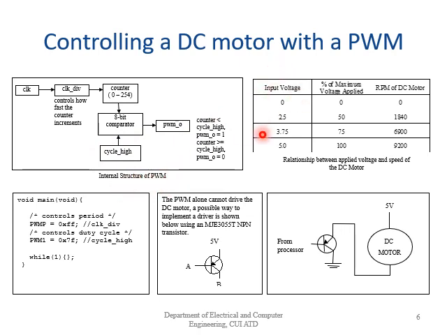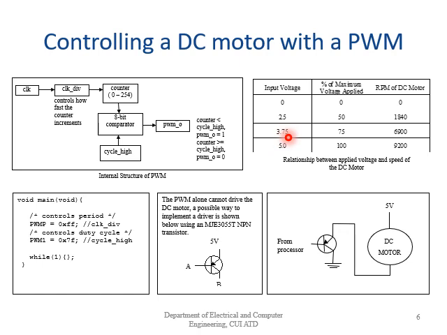So here we have input voltages 0, 2.5, 3.75 and 5, and here we have duty cycle, that is the percentage of maximum voltage applied. If we have 0, it means that the speed of the DC motor will be 0, which means 0 duty cycle. If we have 50% duty cycle, it means that we are going to have half voltage. Half voltage means 2.5, since half of 5 is 2.5. It means the speed of the motor will be 1840.